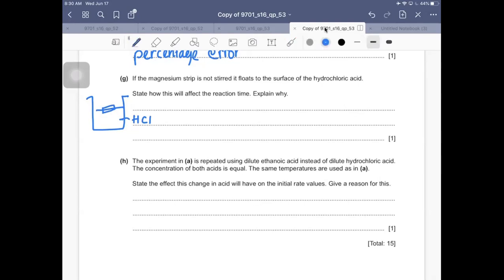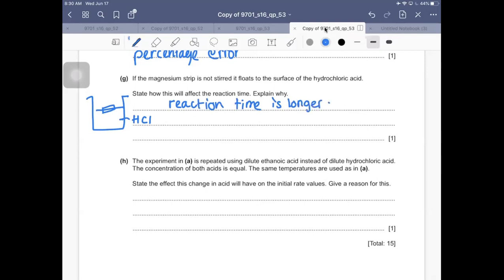Obviously, because not all the surface of the magnesium is being covered or submerged by HCl, the reaction time, not talking about the rate, the reaction time is longer.